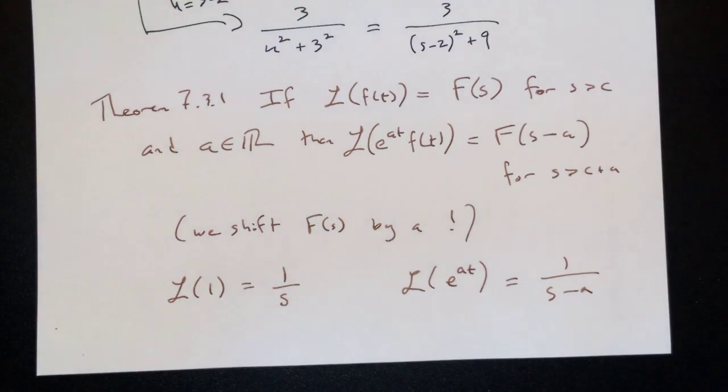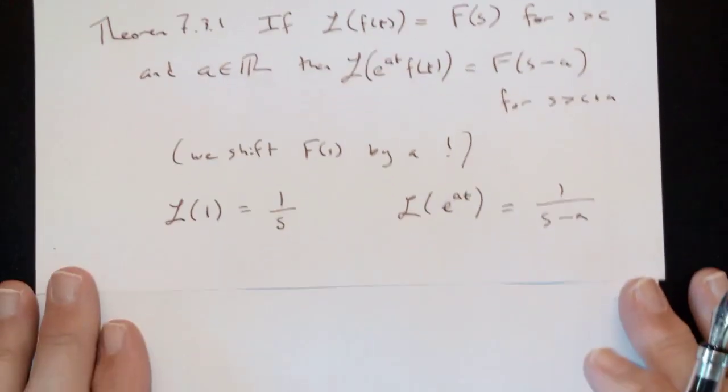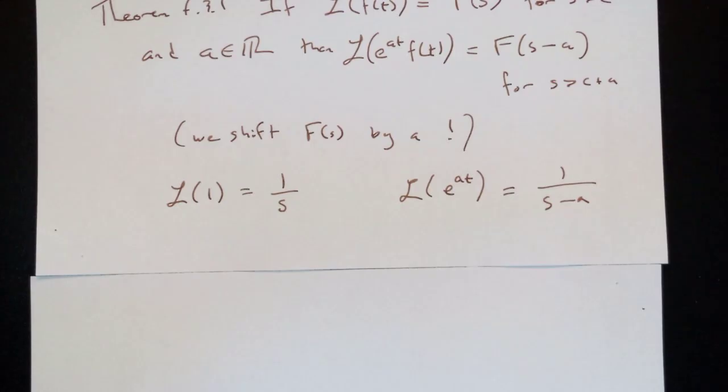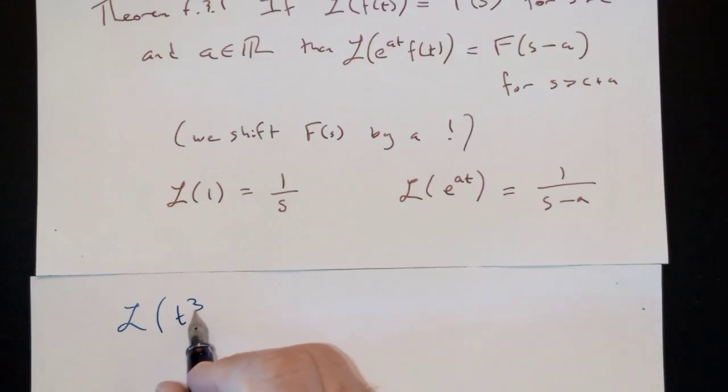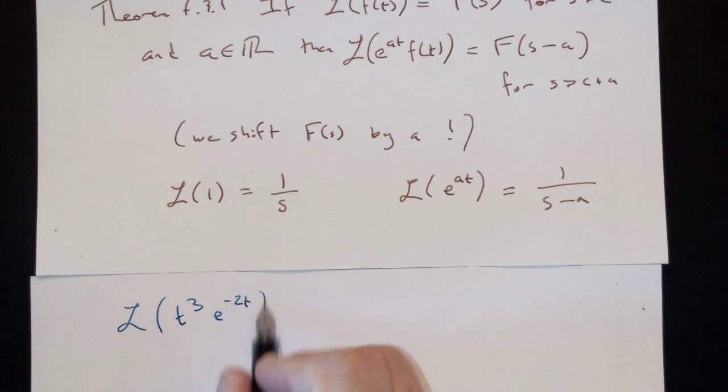But that means when I see e to the t and sine t and e to the t and cosine t and all of these other things where I've multiplied by e to the t, I don't have to redo the integral definition. I want you to imagine for a second that I asked for the Laplace transform of t cubed e to the minus 2t.